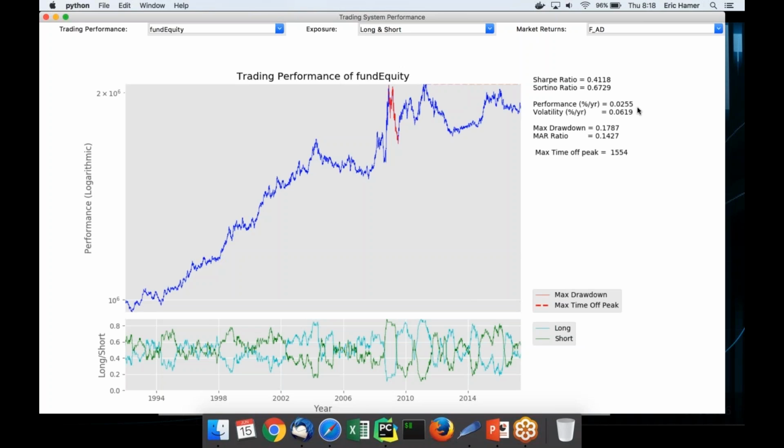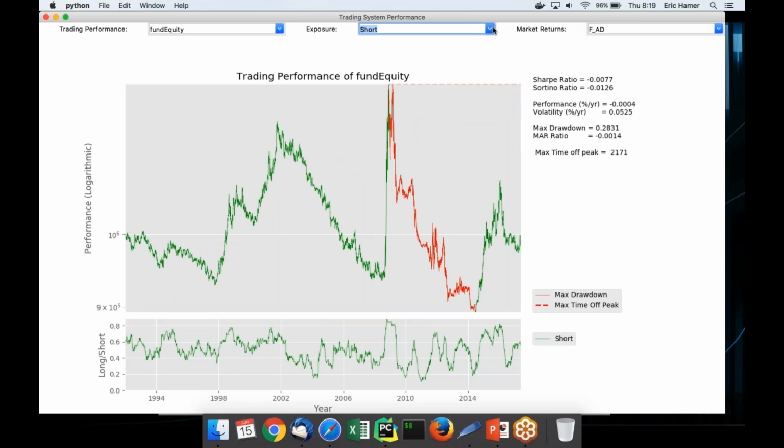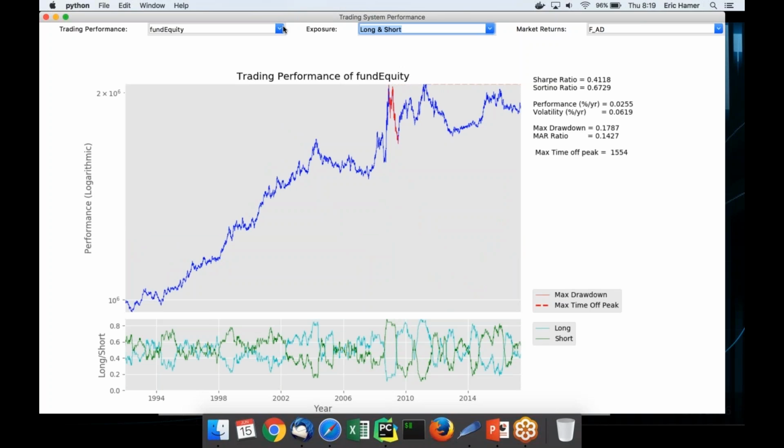We also show you how it moves between long and short positions. We can take a look at how just the long positions have performed. We can take a look at how just the short positions have performed. We can also zero in on how each of the individual futures that we have selected to invest in have performed.